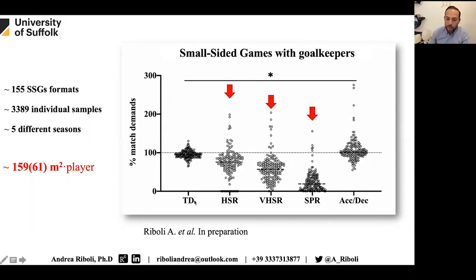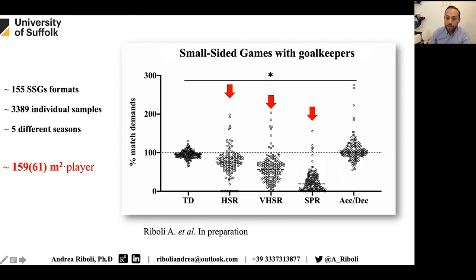On the x-axis you can see different metrics: total distance, high speed running, very high speed running, sprint, and acceleration. Each circle is a different small-sided game format, and within each circle there are a lot of different measures of the same format of small-sided games. On the y-axis, you can see a percentage with regard to match demands.